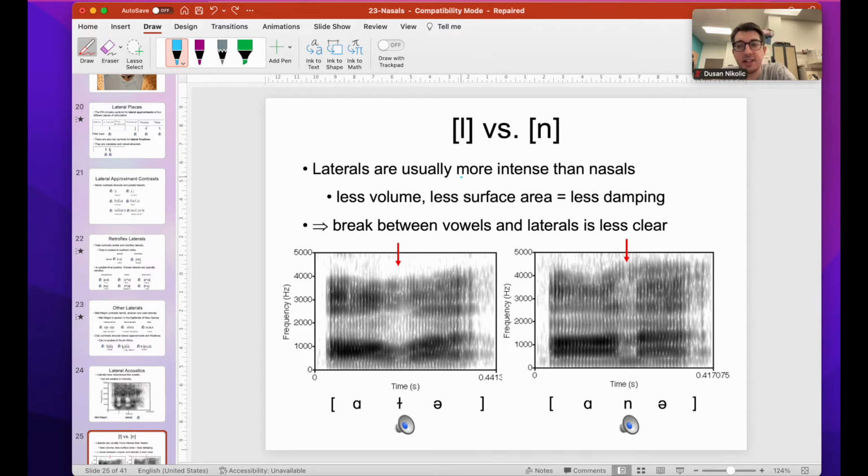In this case, it does say that laterals are usually more intense than nasals. In this case, they're not really more intense. Their formant frequencies are more intense, right? And F1 of nasals is quite low, right?